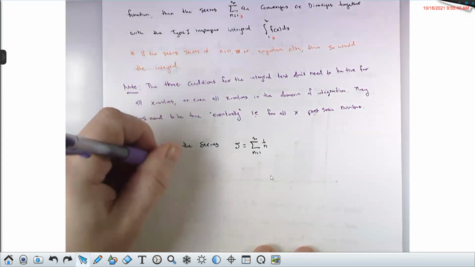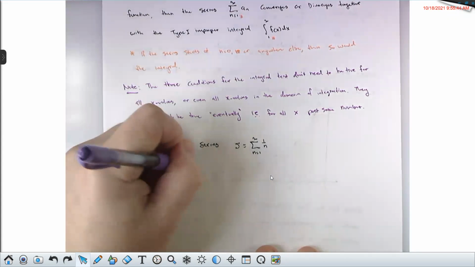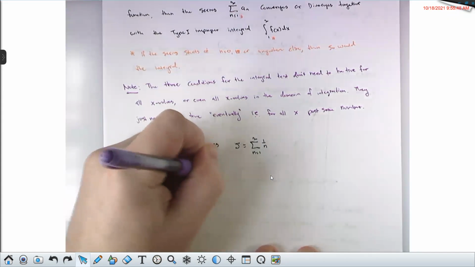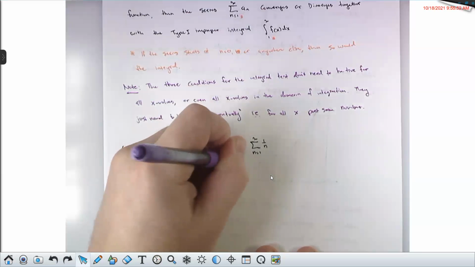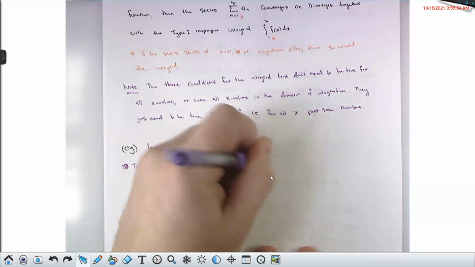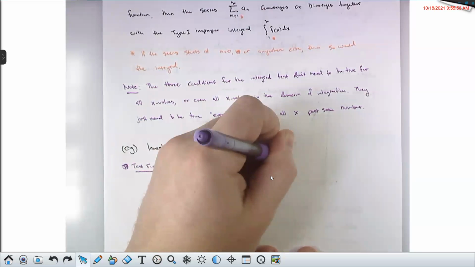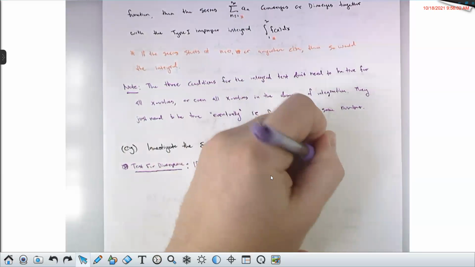Remember what this says. It says if the limit as n goes to infinity of the a_n is not 0, then sigma n from wherever, in this case 1 to infinity, a_n must diverge.